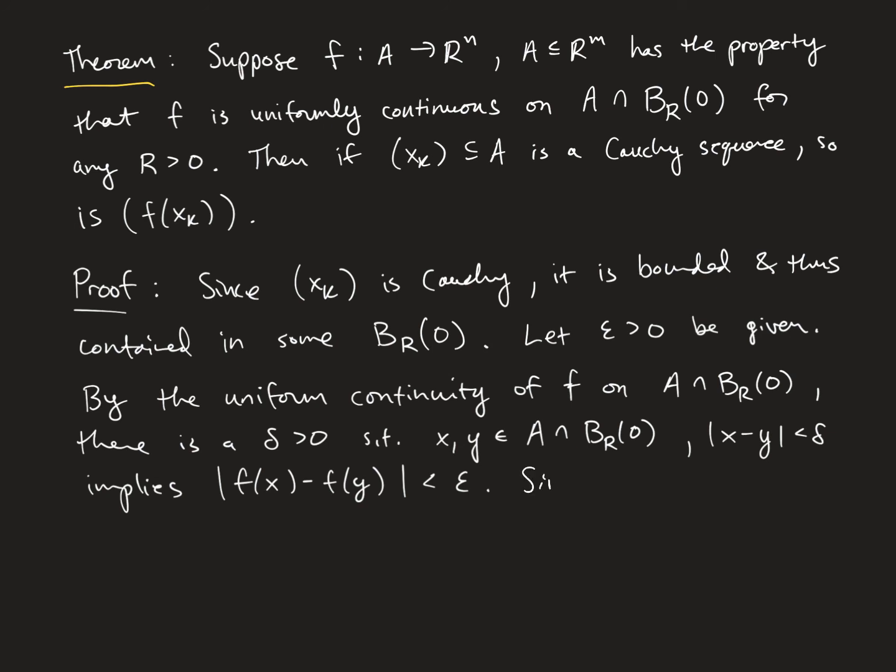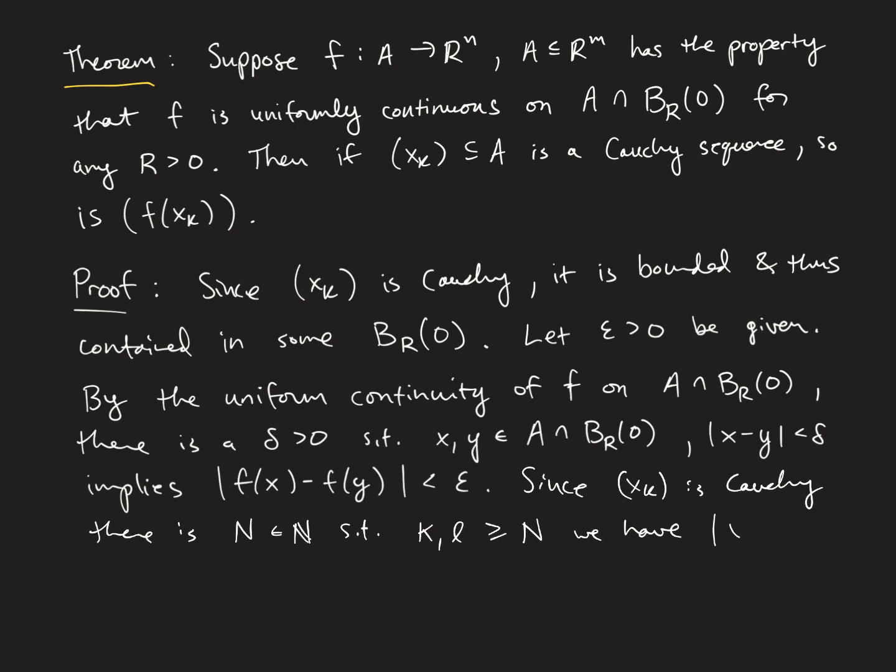So since this sequence is Cauchy, there is an n, a natural number, such that when k and l are bigger than or equal to n, we have that xk and xl are within delta of each other.